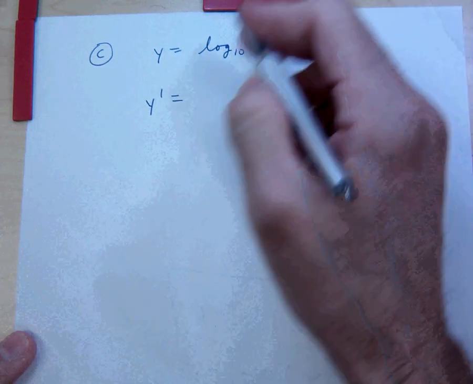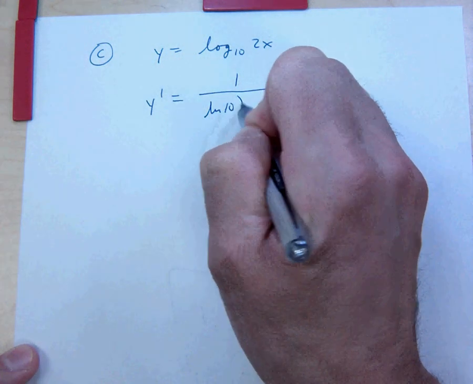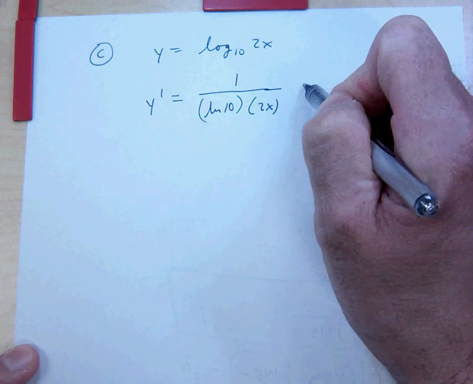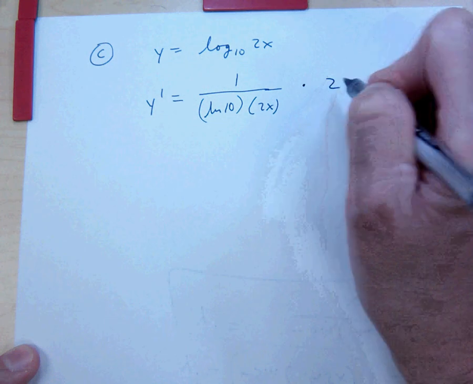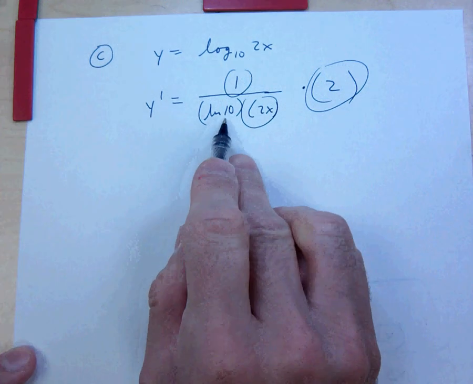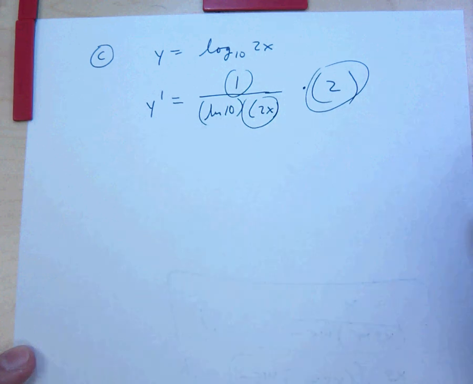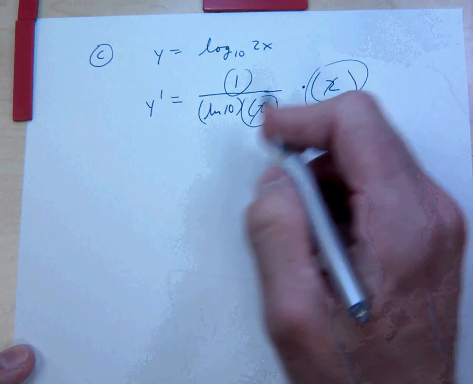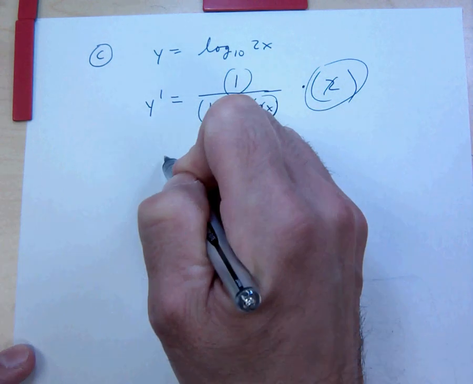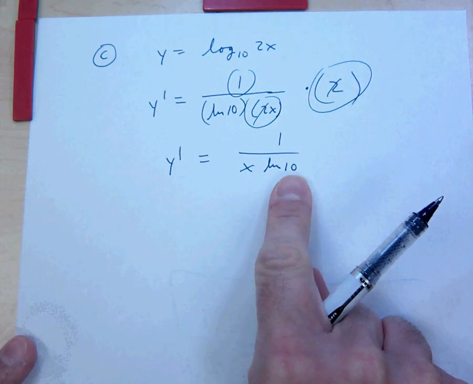It would be 1 over natural log of 10 times the inside, which is 2x, times the derivative of 2x, which is what? 2. So again, it's just 1 over your u times the derivative of u, and then just don't forget the natural log of whatever your base is also goes in the denominator. Got it? And again, these 2's cancel, and this is the way I would write the answer. The reason I put the x out front is so it doesn't get mixed up with that 10. Is that clear? Make sense?